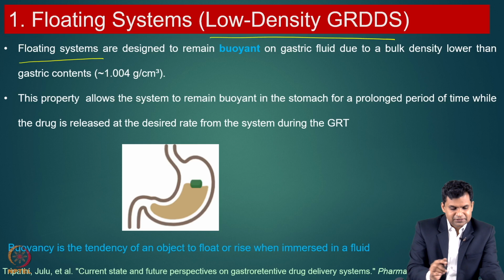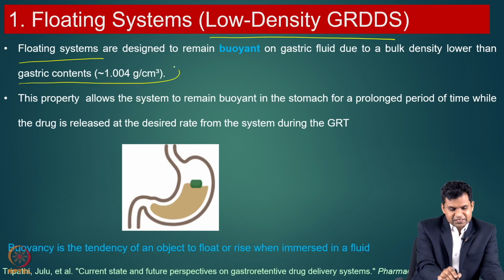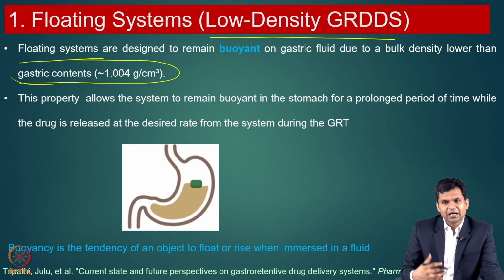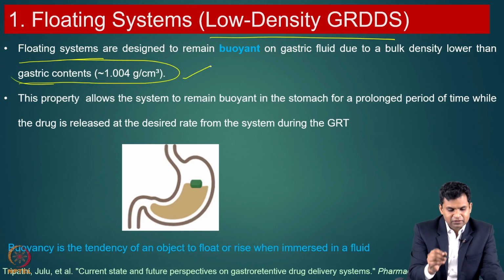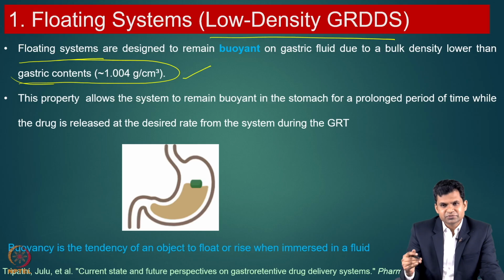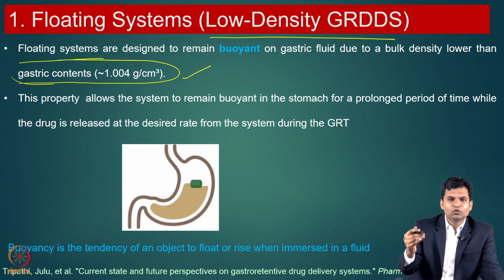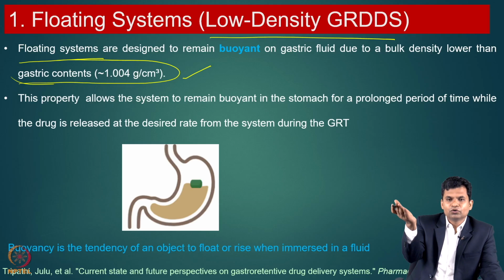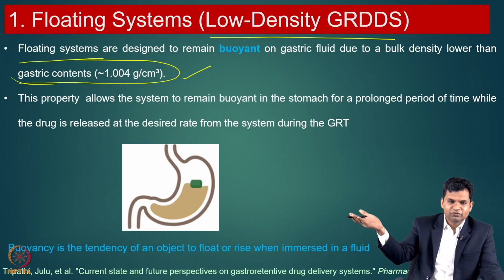We know that the gastric content in the stomach has a density of 1, and these systems must float on the gastric fluid. For that, we need various mechanisms that will help float the formulation in the GIT fluid.